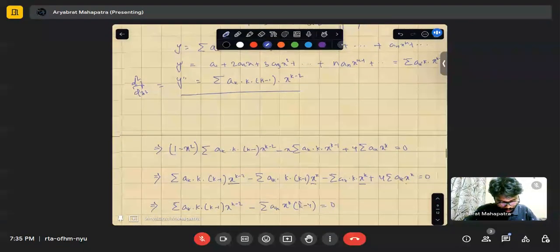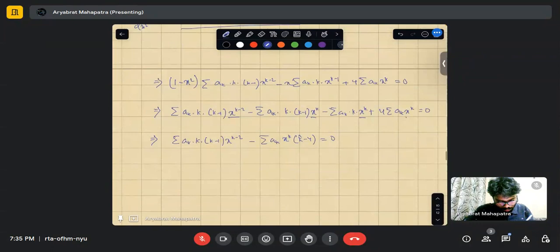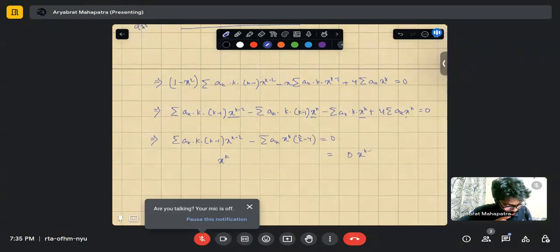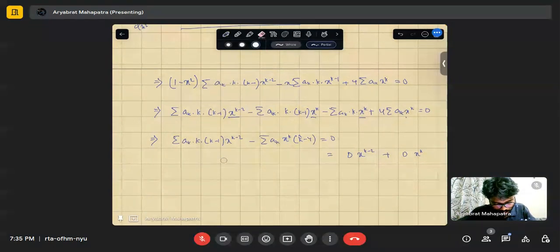You can see that if I can get 0 in the RHS, that means the coefficient of x to the power k is 0 on the RHS. So in the RHS I can write something 0 times x^(k-2) plus something 0 times x^k. So the coefficient on the RHS is 0 for the x^k term.